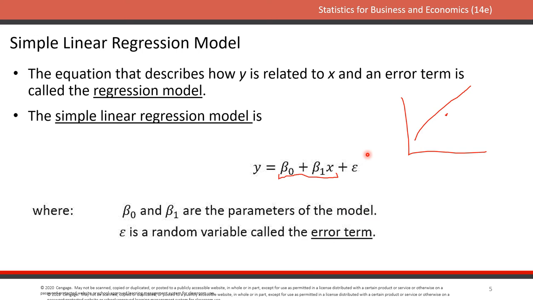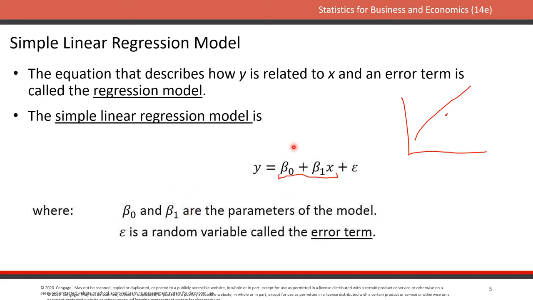But then I also have an error term, which allows me to represent the fact that an individual's observed outcome is not necessarily exactly on that line. So this is important. So this overall pattern is kind of on average, and we can directly represent that. We'll talk about that on the next slide.